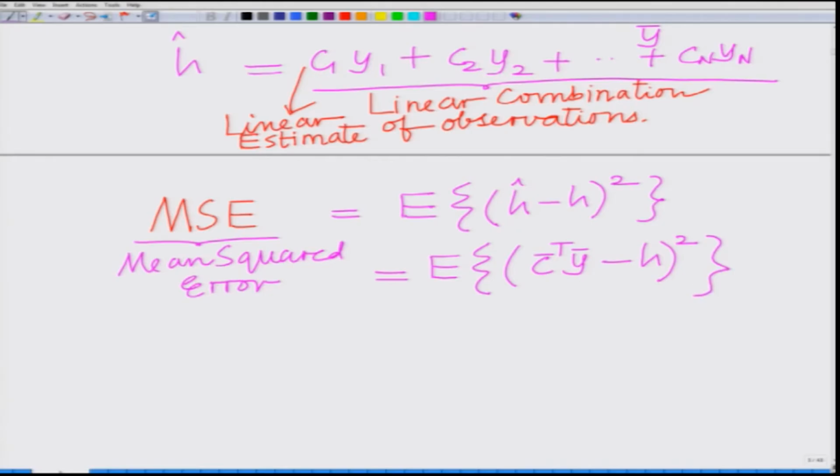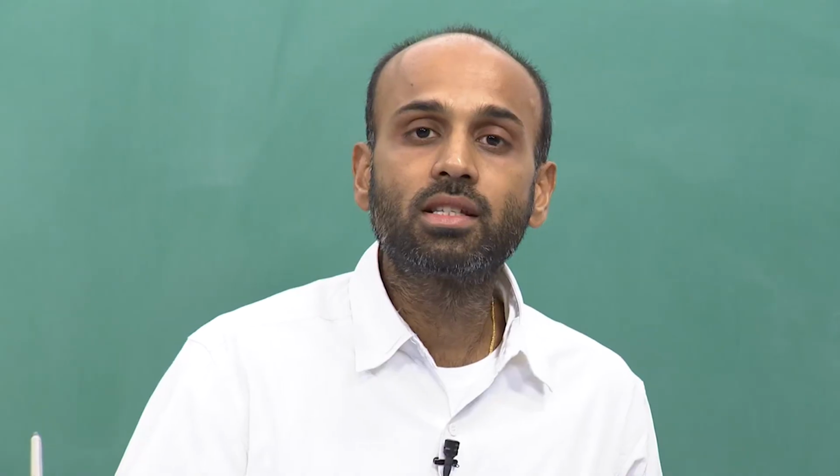Now, basically the idea is we have to find this vector C bar such that this mean squared error is going to be minimized.